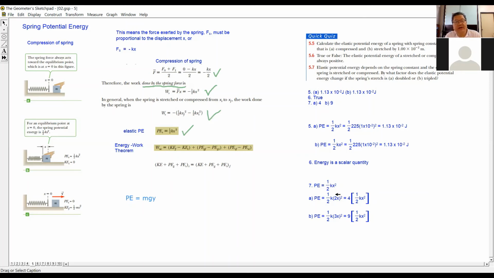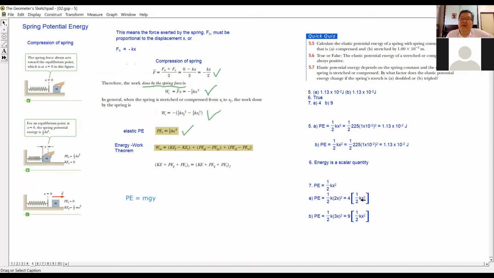We stretch it over a distance of 2x. So what will happen when you square the 2x? You square the 2, it becomes 4. You square the x, it is still x squared. So it will be 4 multiplied with the original half kx squared.